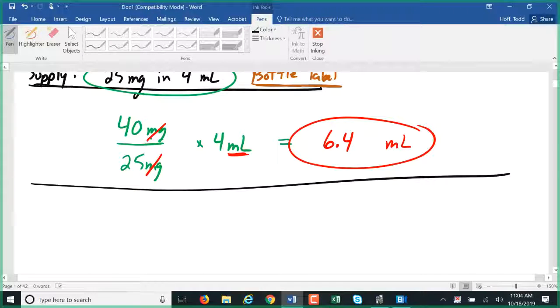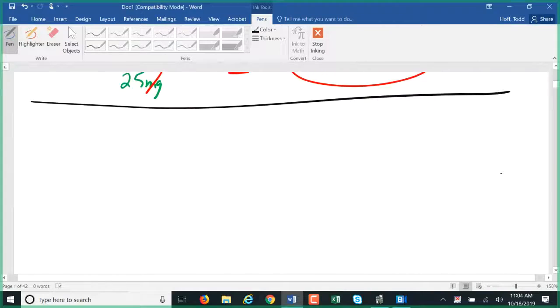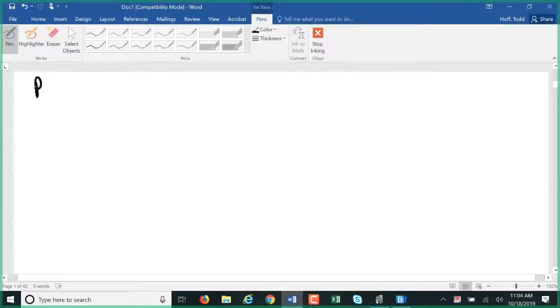Okay, so that's the dosage calculation formula. The next option for calculating is a proportion. A proportion kind of works backwards a little bit, in my opinion.